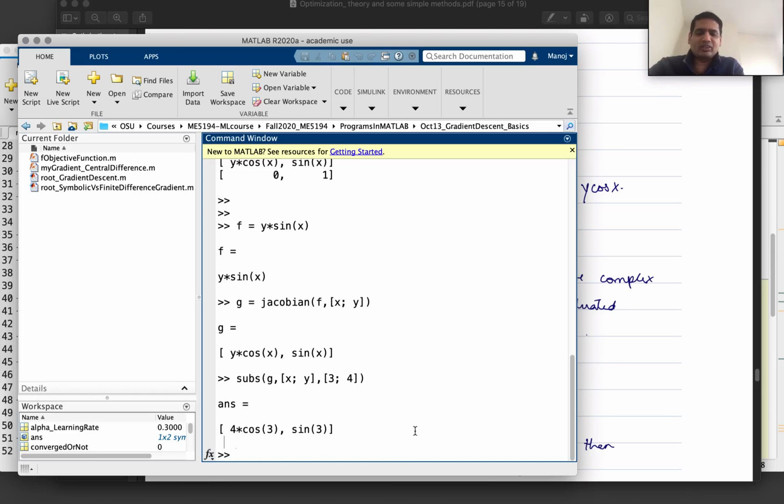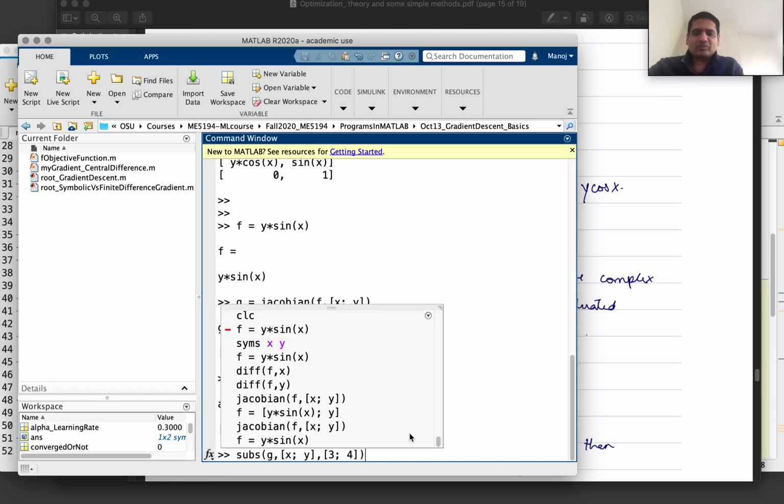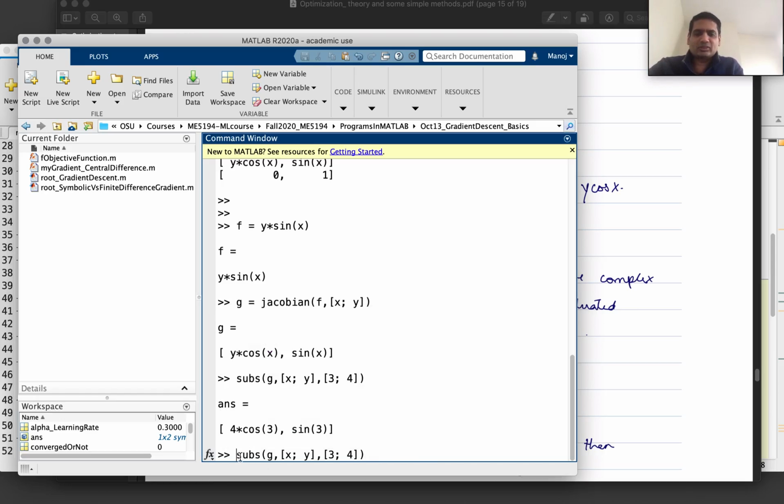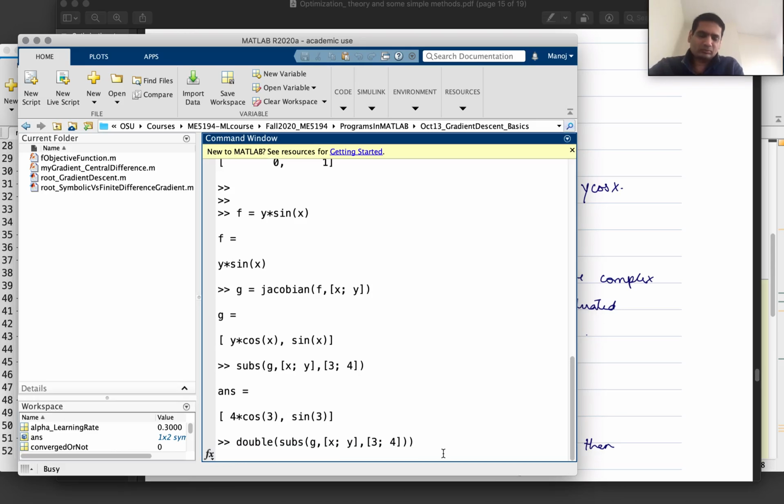So if you want to convert the thing into regular double precision numbers, you can convert it like this. Okay, things are really slow, I think mainly because my computer is running a bit slow, but things should be much faster hopefully on your computer.